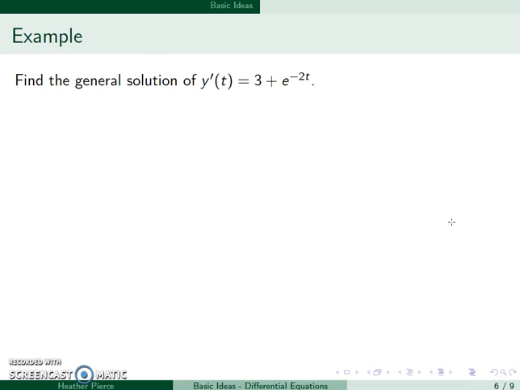Now let's find a general solution. The easiest way to do this would be to take the integral. If we know the derivative is 3 plus e to the negative 2t, then the integral will be the actual function. So we have the integral of y prime of t dt equal to the integral of 3 plus e to the minus 2t dt.